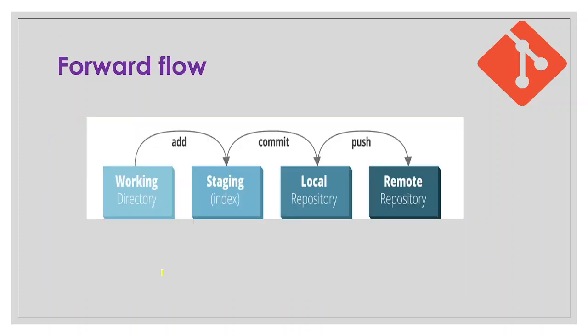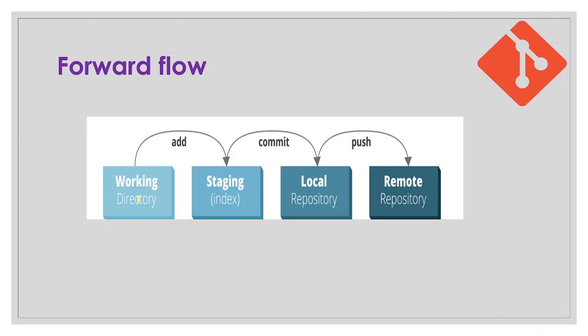So this is the forward workflow. Today we can cover the forward flow: whenever you add a new file or modify an existing file and you need to move it to the remote repository after cloning it.